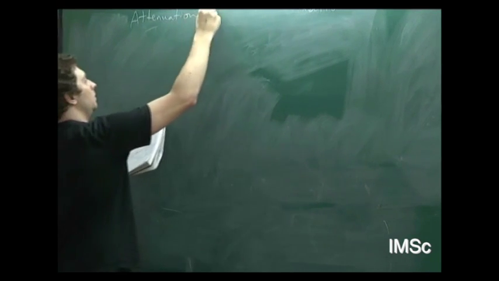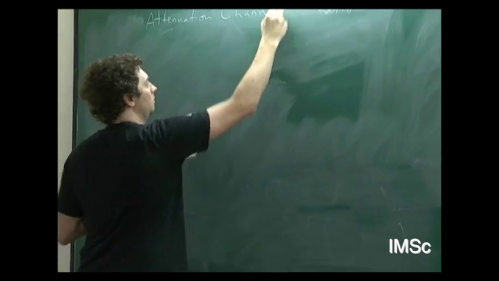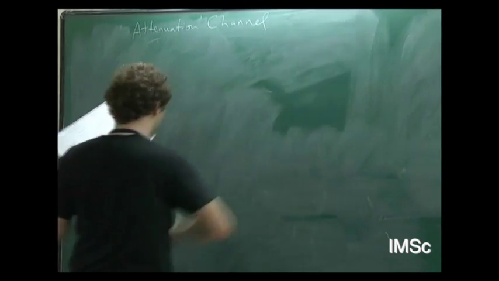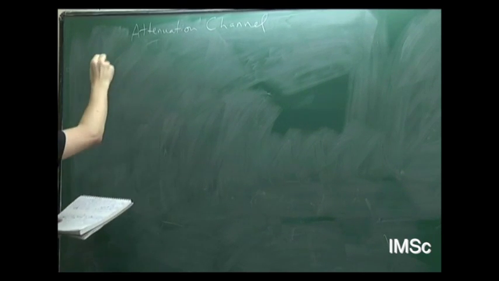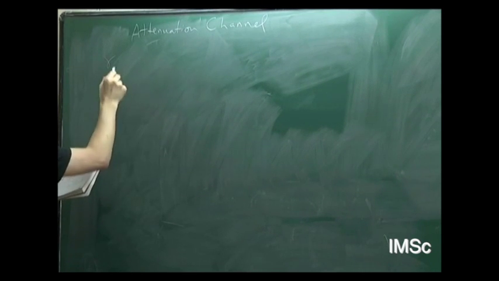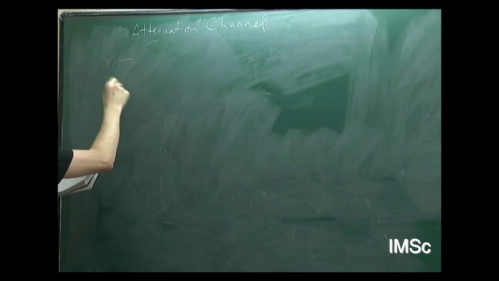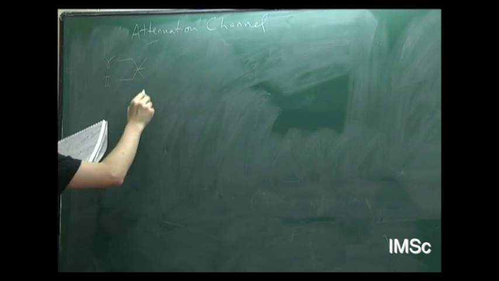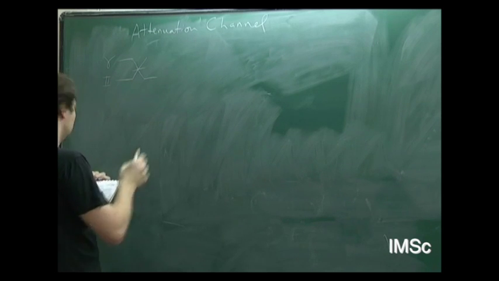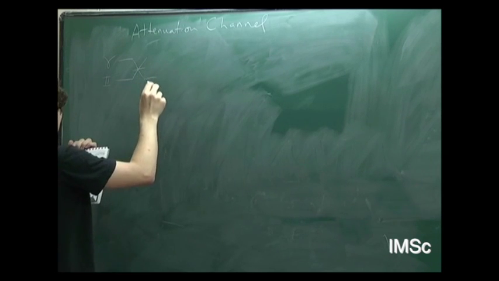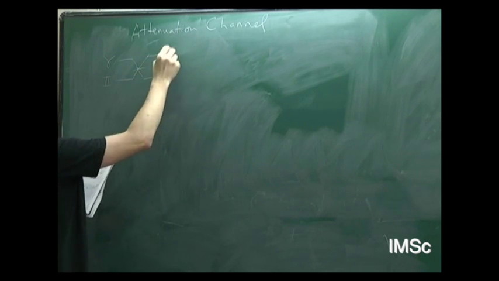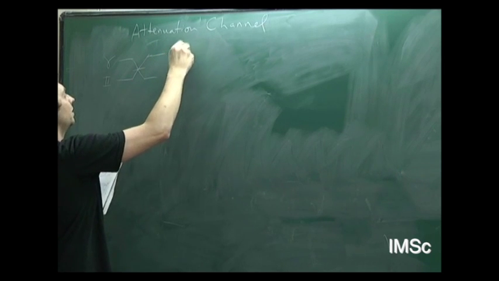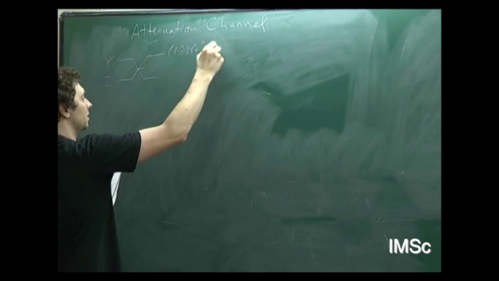Okay, so we're going to look at the attenuation channel. It's the one that does this. You've got a vacuum state, and you basically take the vacuum state and your input state and ring them off a beam splitter, and the output, if your input was a Gaussian, is (1 minus lambda) gamma plus lambda times identity.